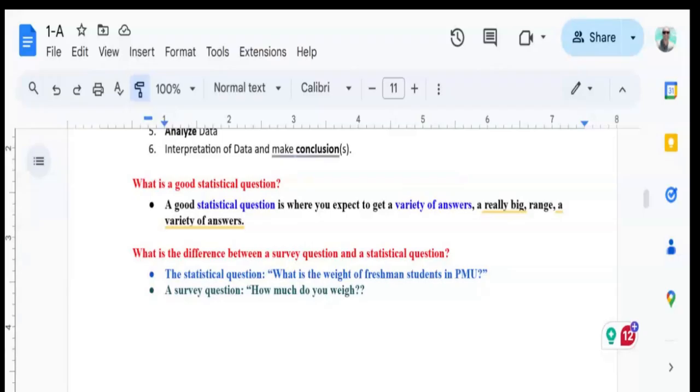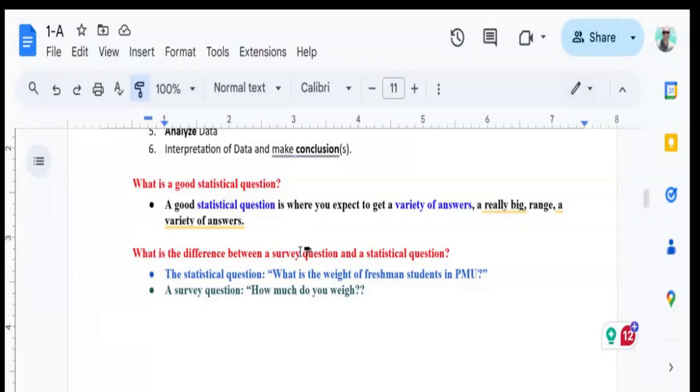If I ask you what's your height, you're going to say 180. I ask another, 185. Another, 187. So I'm getting a variety of answers. You understand what I'm saying? So you try to make your question not specifically for you, but for everybody else. I can ask the question to anyone.